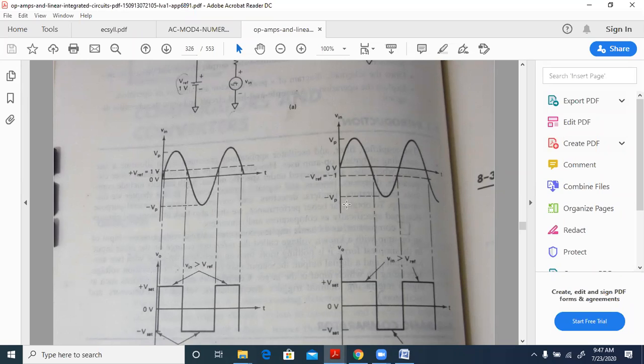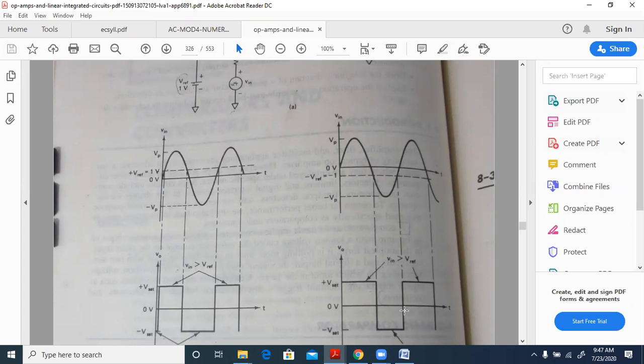Minus 0.1 just means for the portion of the input for which the input is more than minus 0.1 volts, the output will be high, and for the portion for which the input is lesser than the V reference, the output will again be low.